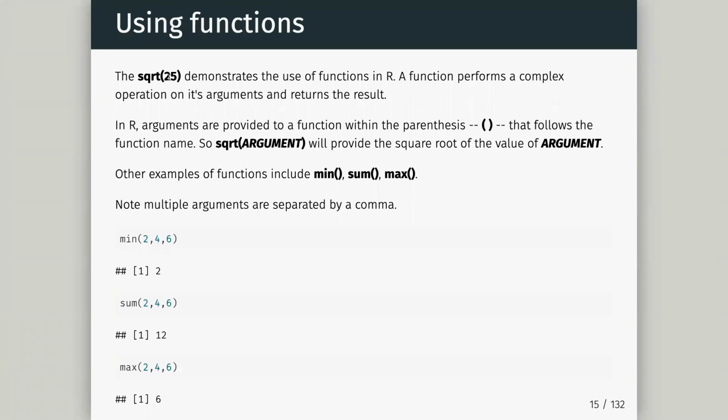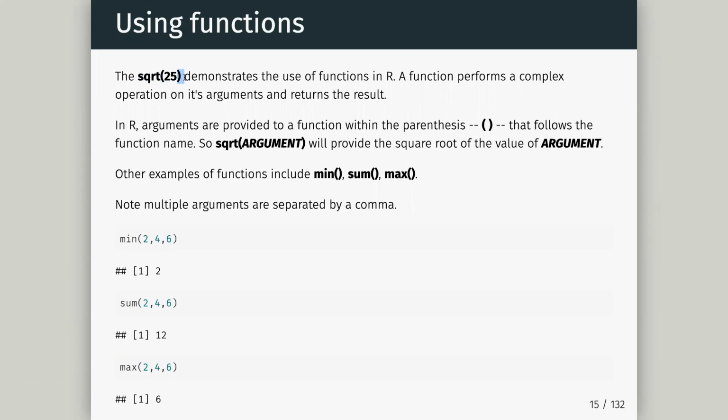In R, arguments provided to our function go within these parentheses, and they follow the function name. So in this case we had square root, the function name, and then we have these parentheses. And within those parentheses, we have the argument that we're passing to that function.